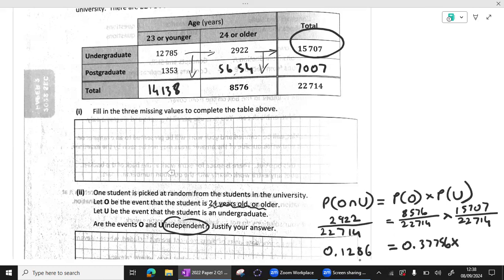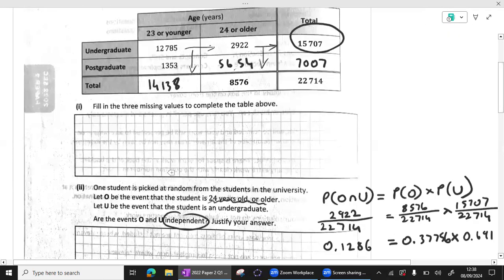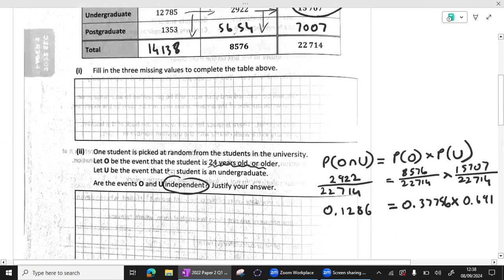Okay. So this is 0.37756, and so on. I'm now going to do the other one. 15,707 divided by 22,714. So that's giving me 0.6915, etc. And now I'm going to multiply those together and see if it gives me the same as the left-hand side.